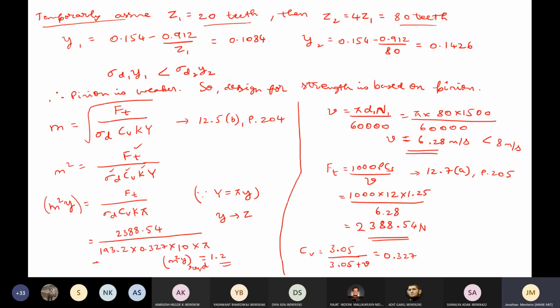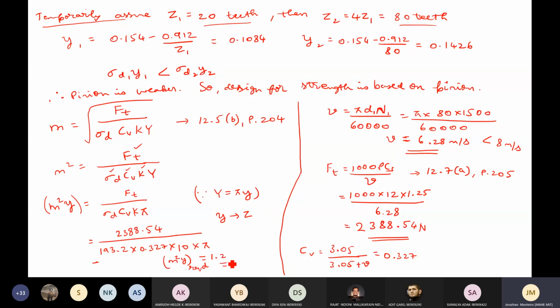So we used one more form of the equation. Of course, you can go ahead with the other form also, but this is a much simpler form because Cv is already taken care of. We need not go for the complicated cubic equation. The velocity we found out appropriately, and the tangential tooth load taking into account the service factor of the given problem.